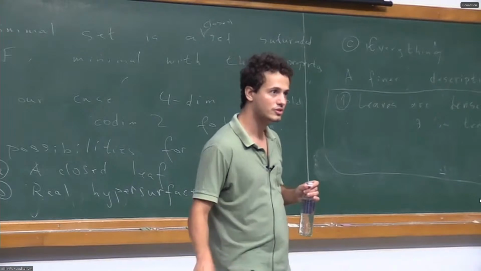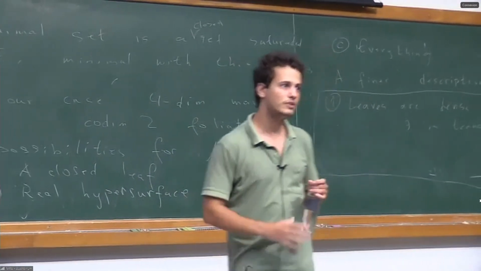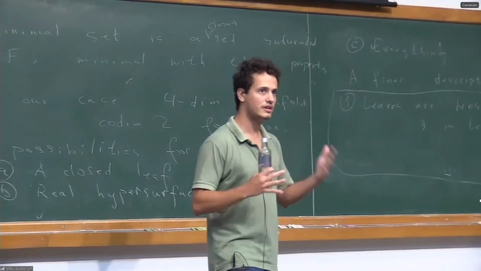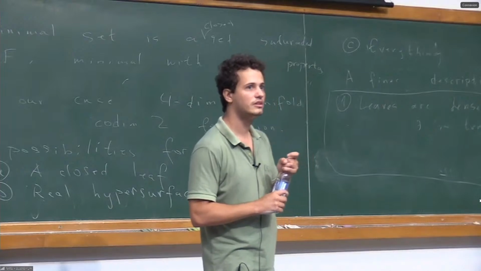And Brunella's work is to show that these foliations are uniformly quasi-isometric, which is some kind of generalization of transversely Riemannian foliations.